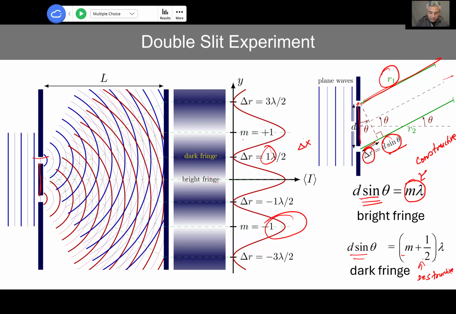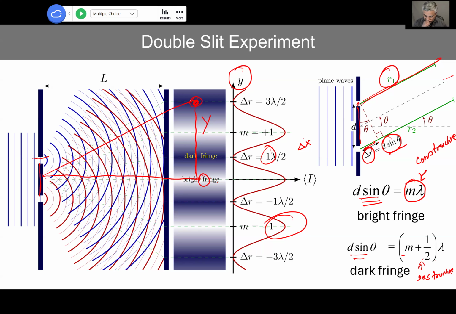We can also look at the center here and how far a fringe is along the y direction. So this is the 0th fringe, this is the first bright fringe, and this is not the second bright but the second dark fringe. We can find how far these are by finding the value of y, making a triangle like this.